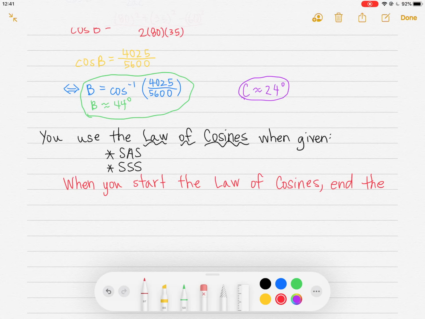If you switch between, then funny things can happen. Why do that to yourself? When you start with the law of cosines, end with the law of cosines. And that wraps up the law of cosines.